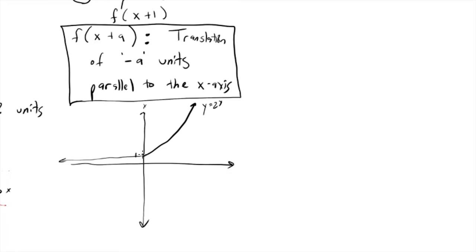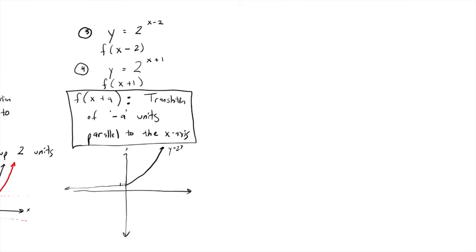And so in situation 3, we see that it is moving negative a units. So where a is -2, the translation would be a -(-2), following this rule. So it would be moving to the right on the x-axis.